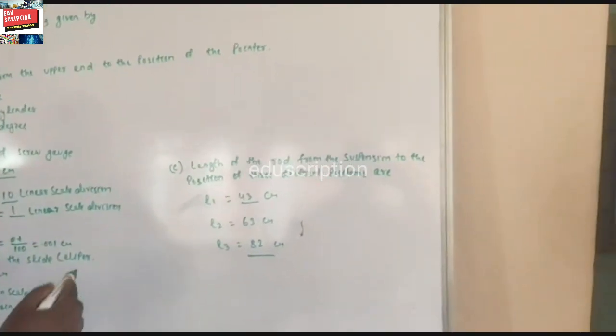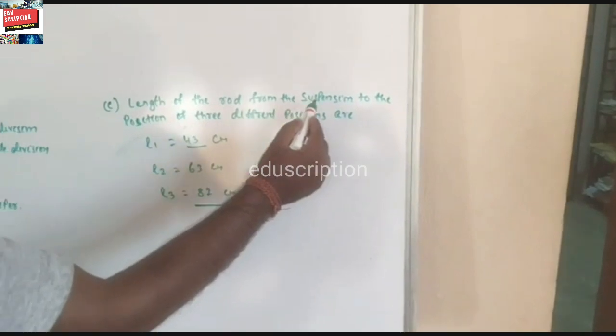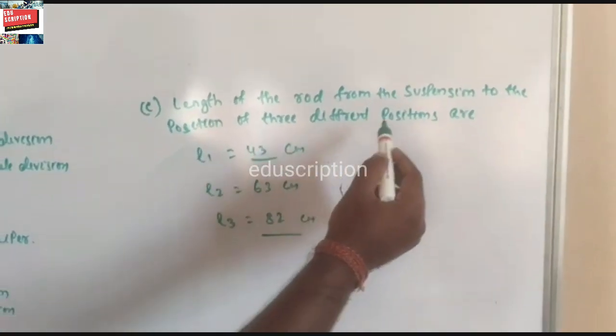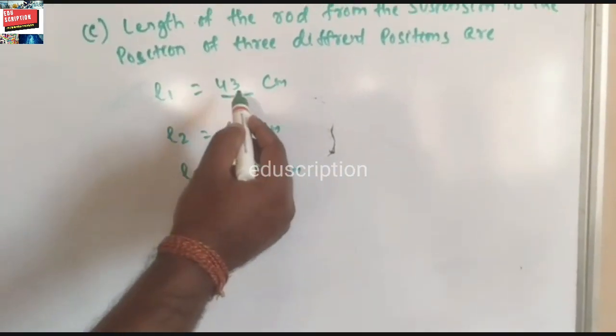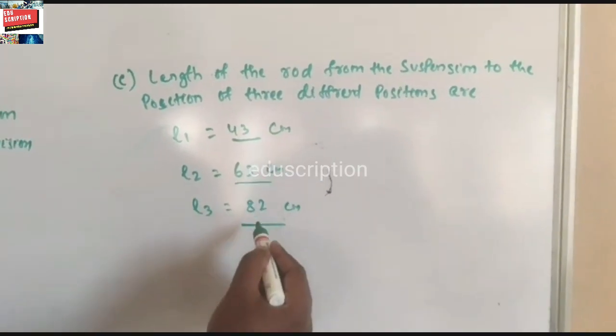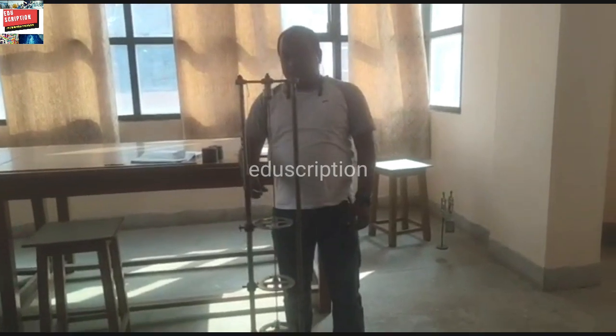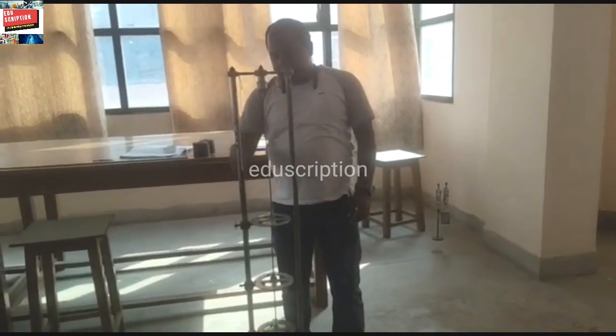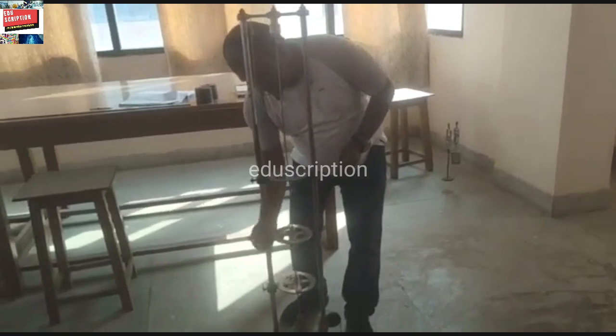And the third one is the length of the rod from the suspension to the position of 3 different positions: L1 is 43 centimeter, L2 is 63 centimeter, and L3 is 82 centimeter. See here, this is the Barton apparatus having three scales. This is the flywheel and this is the cylinder.